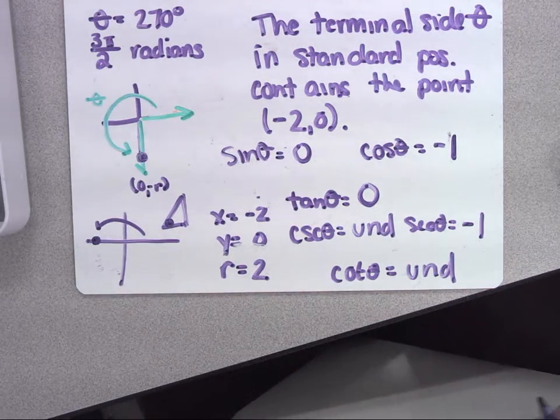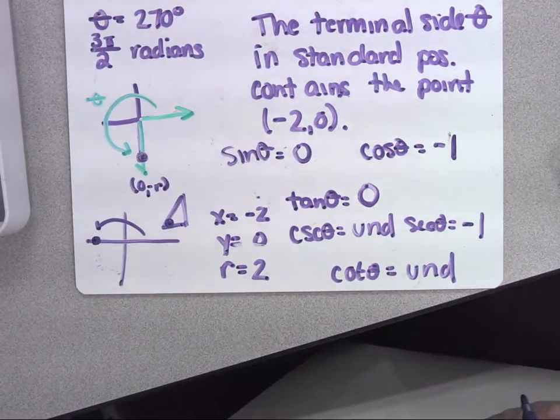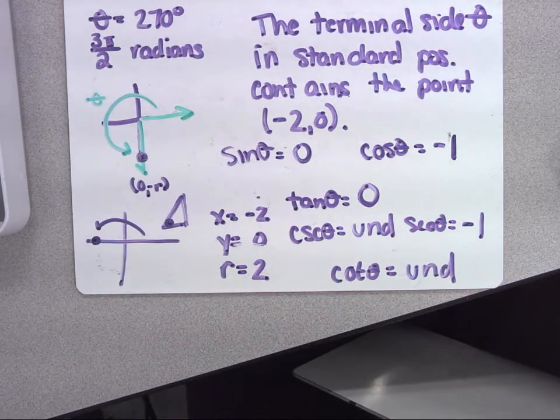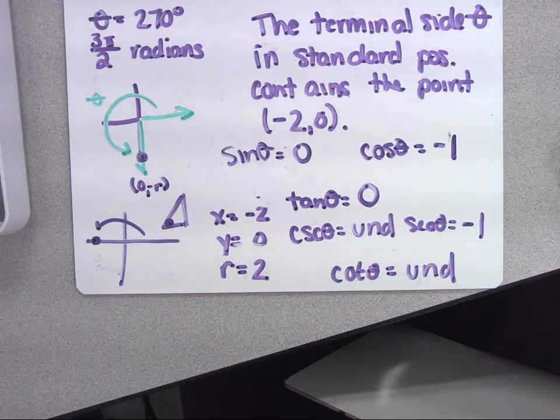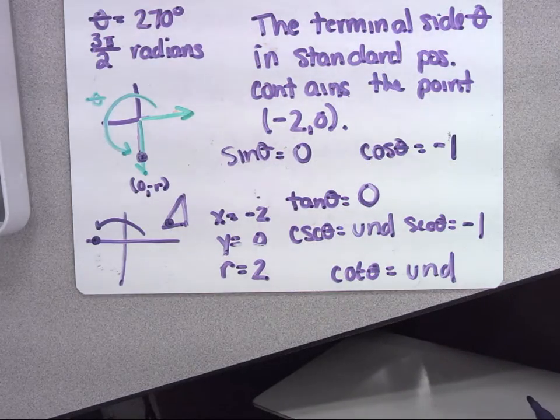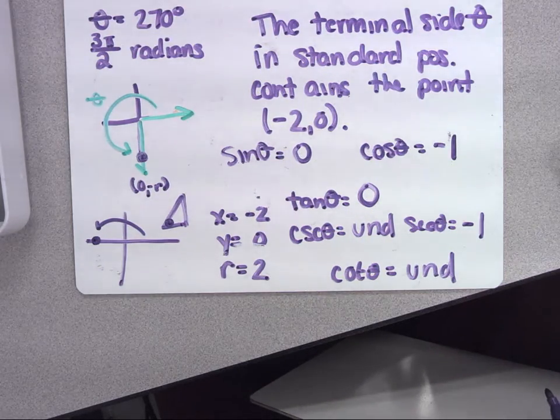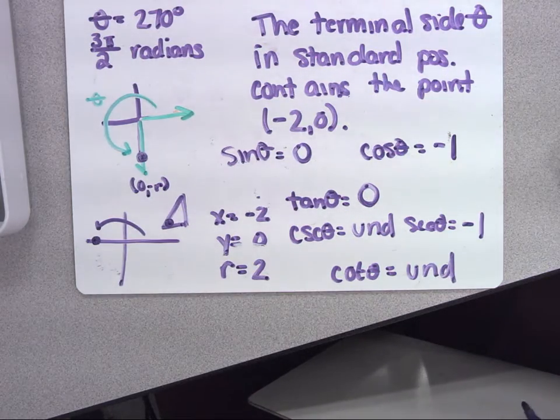Those are the answers I received in simplest form. Because sine is y over r, so it's 0 over 2. 0 divided by anything is 0. Cosine is x over r, negative 2 divided by positive 2. Well, that's negative 1.